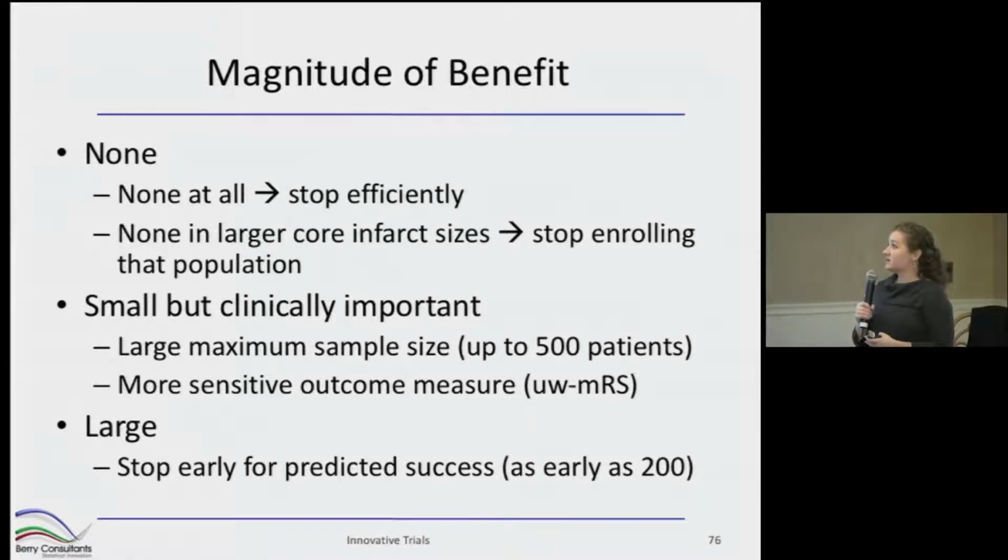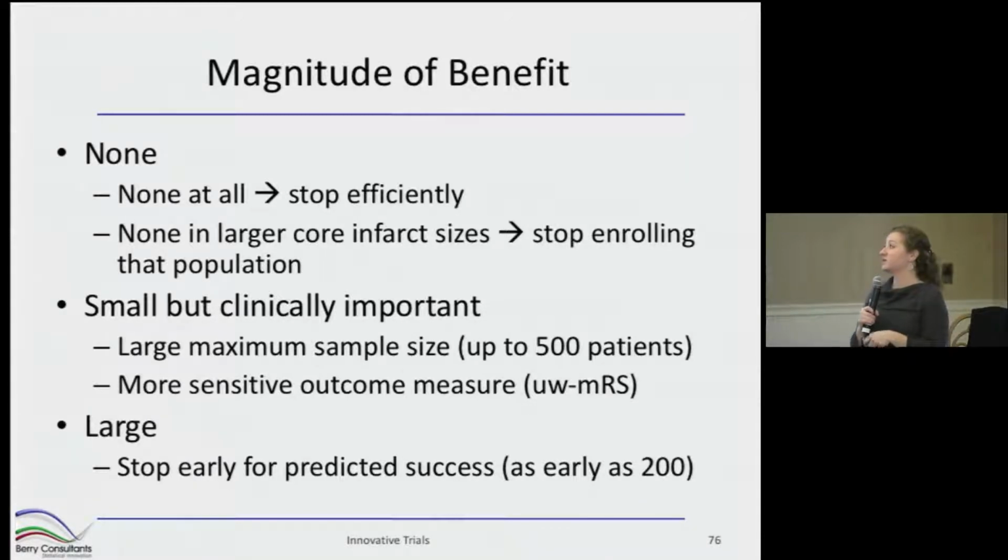So the third question that we had some uncertainty about was the magnitude of the benefit. So ideally, if the truth is that this device doesn't work at all, if there's no benefit, we would like to be able to stop the trial early and save that sample size. Or we would like to say, okay, if there are certain regions of the population where there's no benefit, we would like to stop enrolling just in that population.